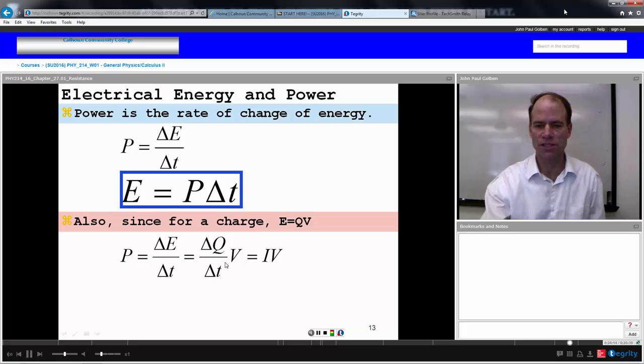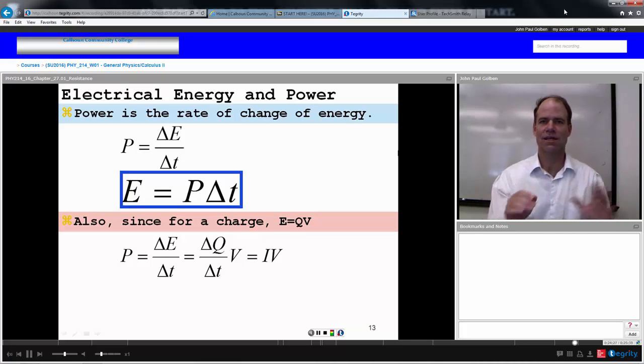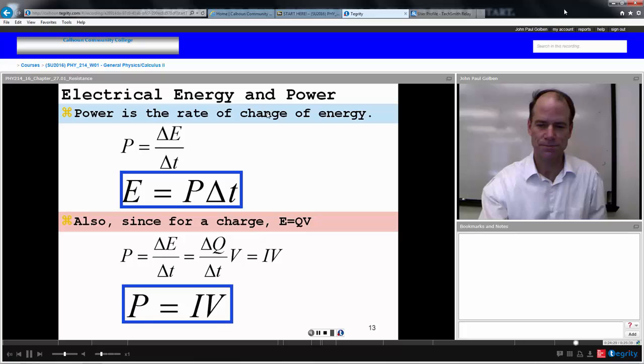But the change in charge per time is indeed current. So this would be equal to the current times the voltage. In an electrical DC circuit, the power is equal to the current times the voltage. P equals IV. Sometimes called Ohm's law for power.